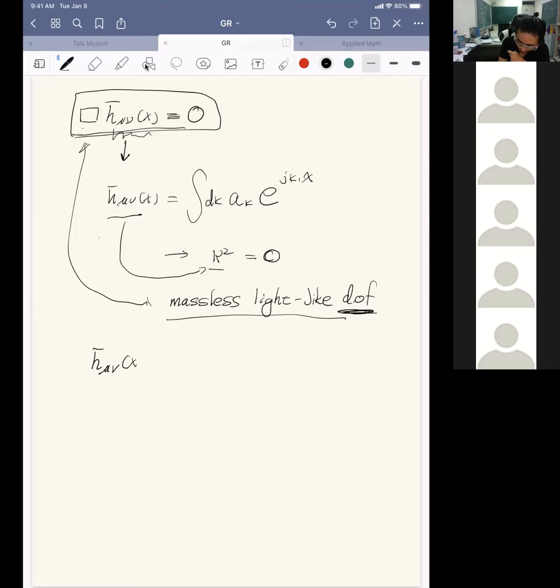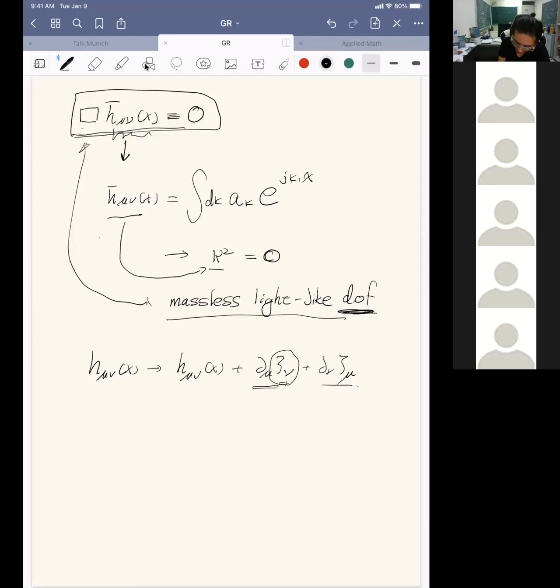Furthermore, going back to the original h mu nu, since h mu nu x is unchanged by a gauge transformation, you can use these transformations to remove a vector degree of freedom from your h mu nu.